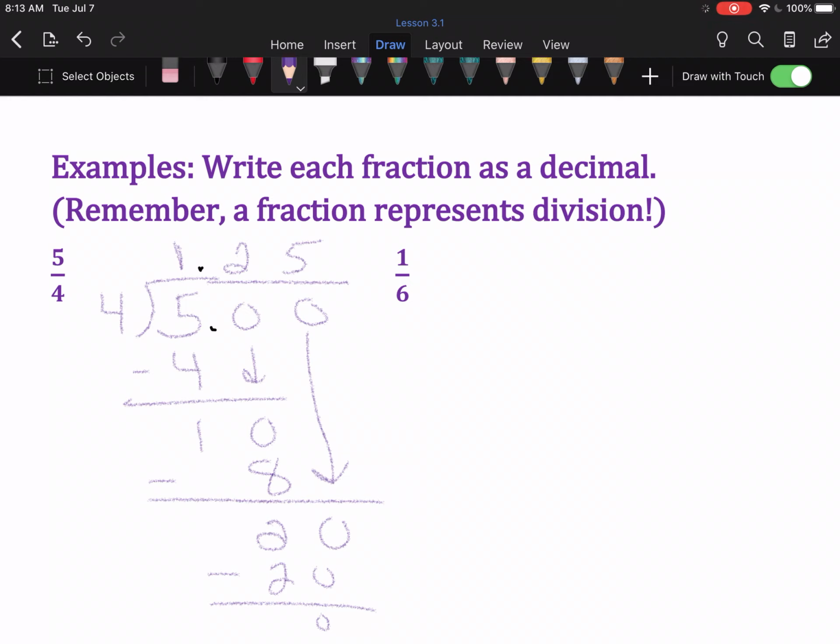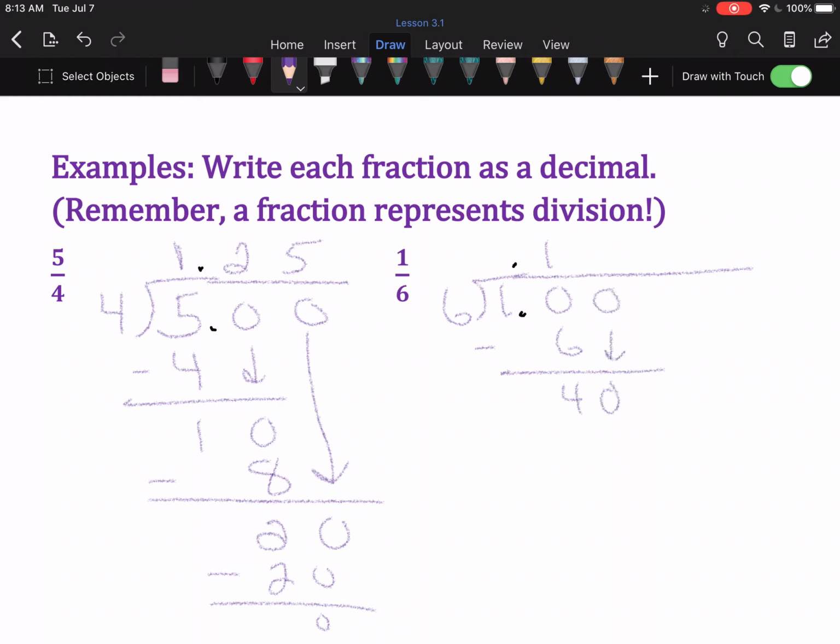Next we have 1/6, so that's going to be 1 divided by 6. Straight away, 6 doesn't go into 1, so I need to put in a decimal point and start adding in zeros. 6 goes into 10 one time with a remainder of 4.